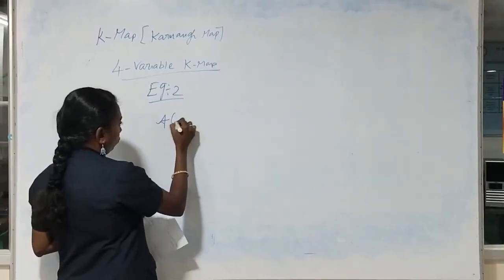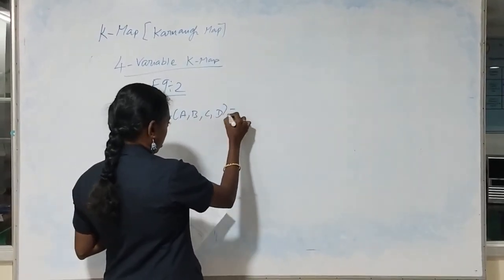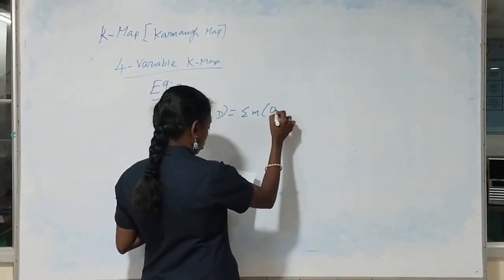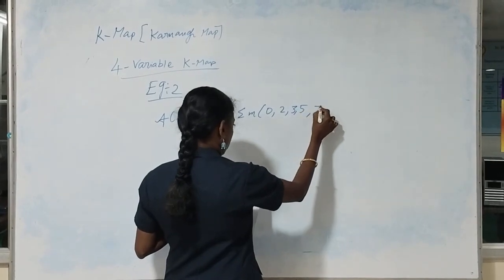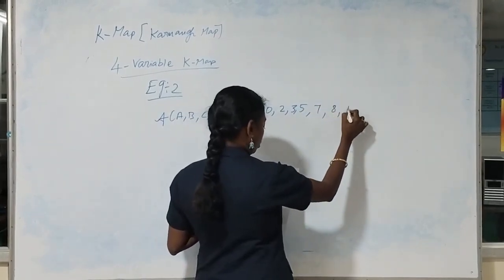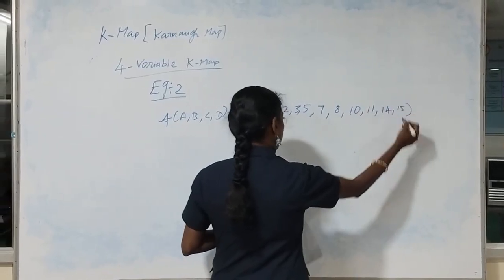The sum is f of a, b, c, d equal to summation of m 0, 2, 3, 5, 7, 8, 10, 11, 14 and 15.